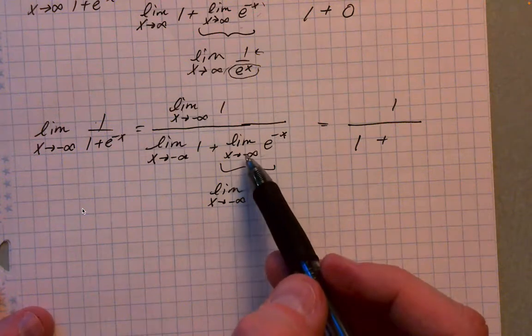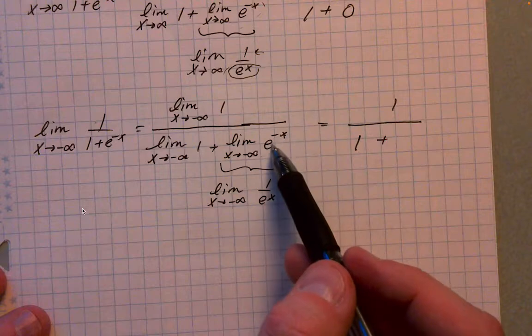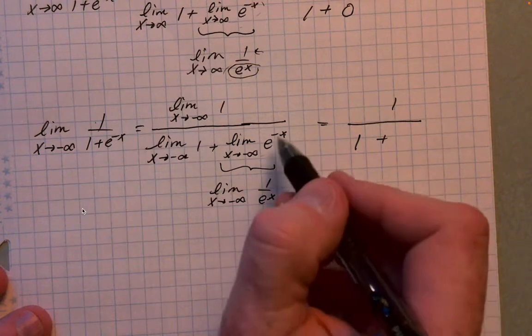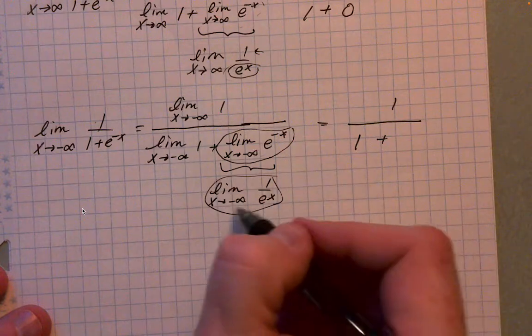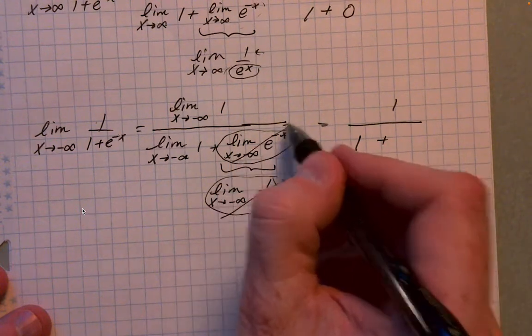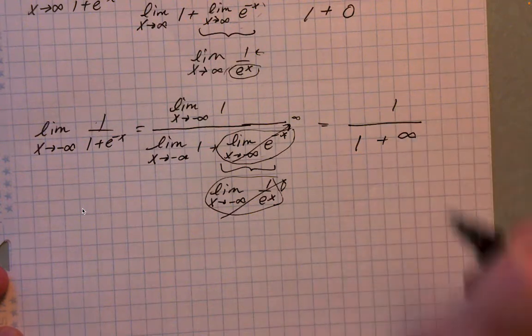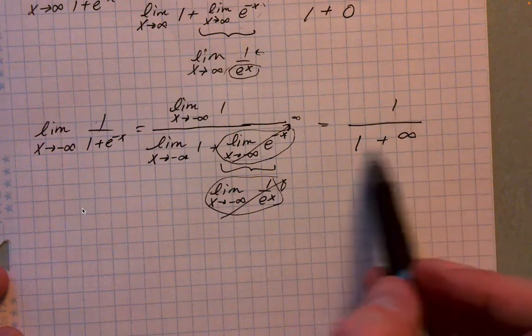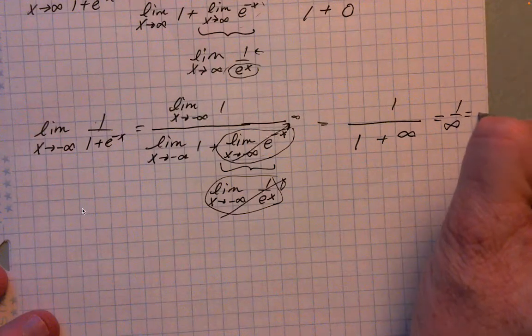If I plug in -1000, this is e to the 1000th power. So this piece here, similarly here, these are both heading to infinity. They're getting larger and larger. So that's what you have here. So this is like 1 over 1 plus infinity. So it's like 1 over infinity, which is 0.